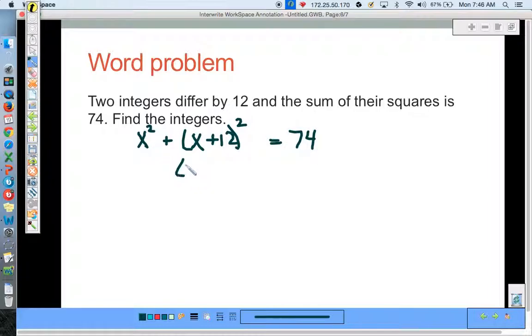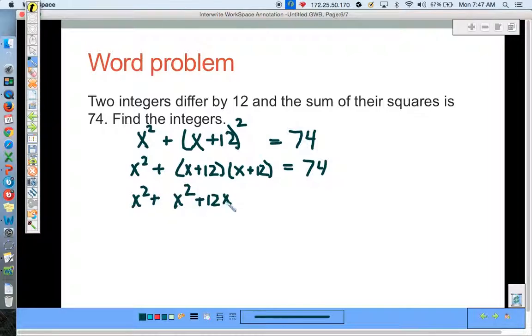So let's see, we're going to have to multiply this part out. So we got x squared plus 12x plus 12x plus 144 equals 74.